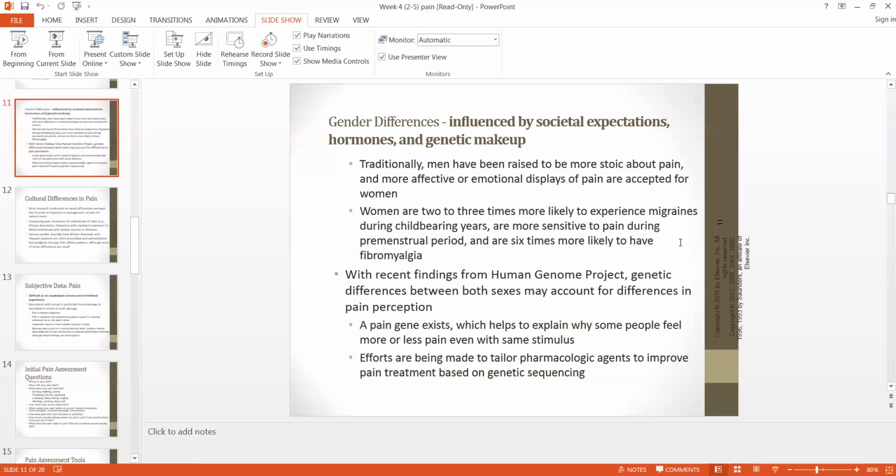It's not called PMS anymore. There's another word, which I should know, but I'm blanking on it. But it's that period right before menstruation has started, because progesterone is very low, and progesterone is a very calming hormone. And women are 6 times more likely than men to have fibromyalgia.